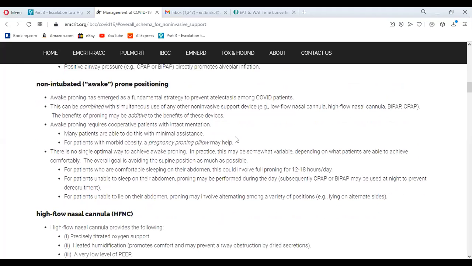So there is an interesting aspect to this proning position, because as we know, COVID can as well affect pregnant women.